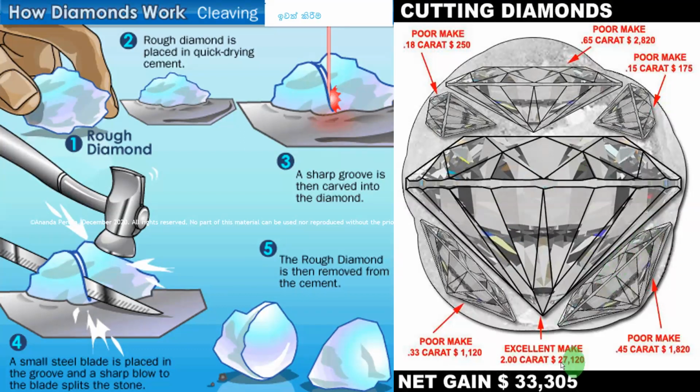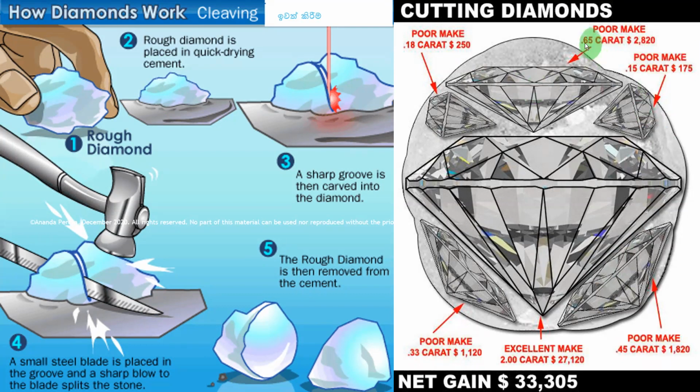The price $27,120. So this part creates 0.33 carat poor make, another poor make. This is the excellent make, 0.45 carat. That means 45 points. 15 points, one poor make.